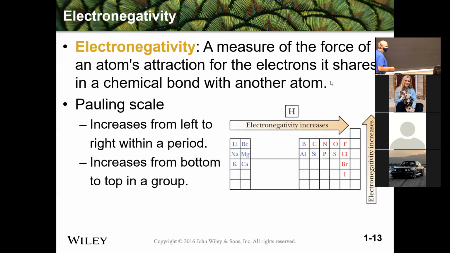For example, let's take calcium chloride. Calcium is way over on the left, chlorine is way over on the right. There's going to be a large difference in electronegativity, so this is clearly ionic. It's an alkaline earth metal and a non-metal.